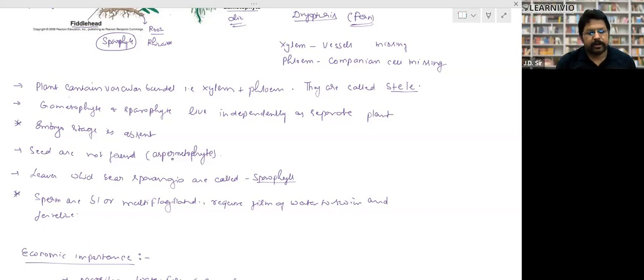Leaves which bear sporangia are called sporophyll. Next point, it is very, very important point. Make star again. I have already made.